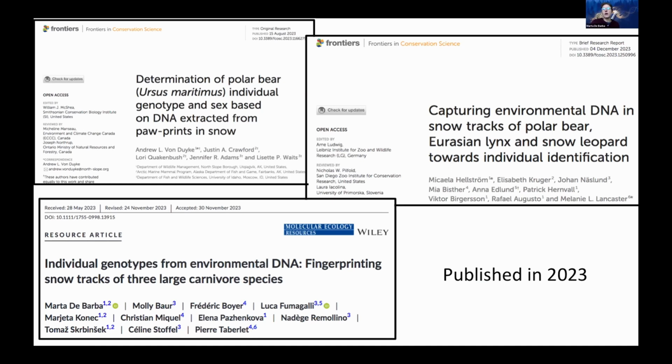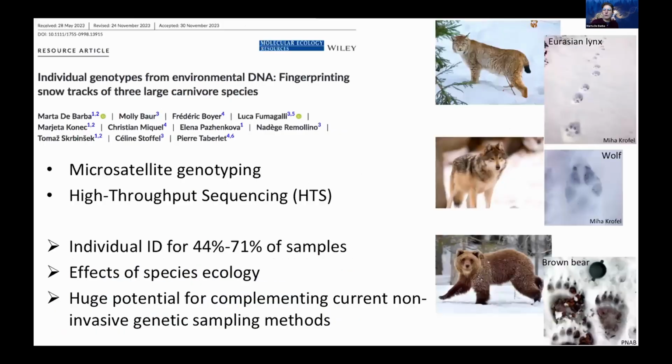So Melanie will talk extensively about this in the next presentation. I just wanted to mention very quickly what we've done in our research group.